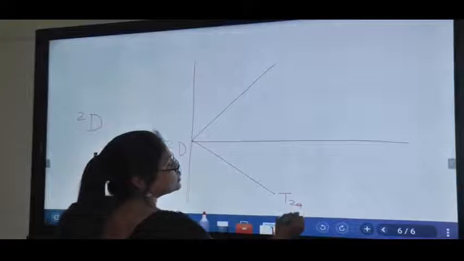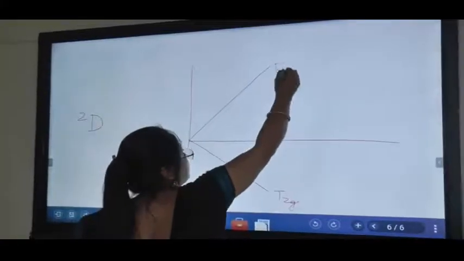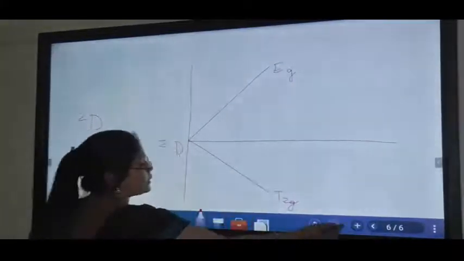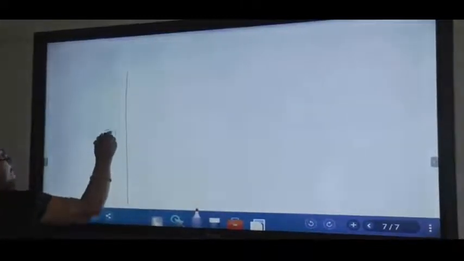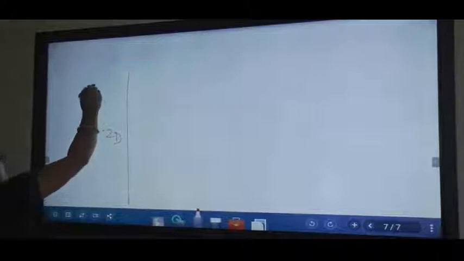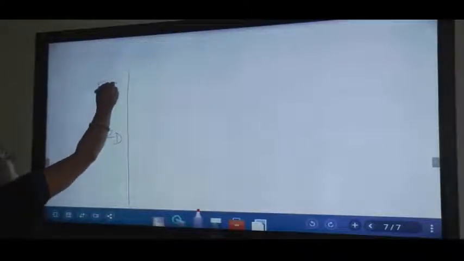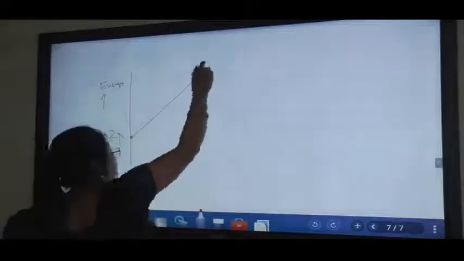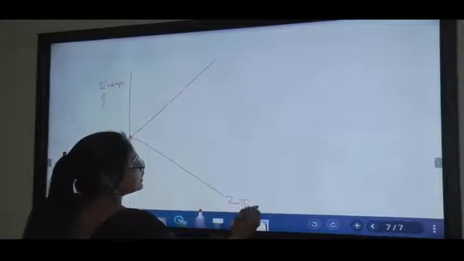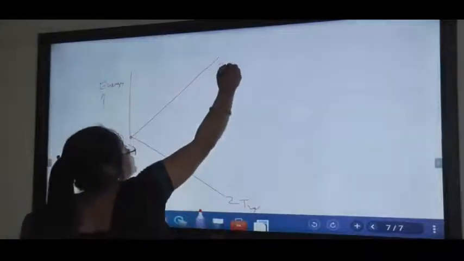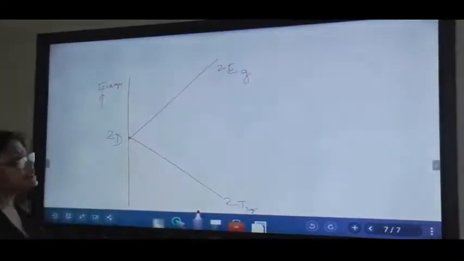This will be T2Z, this will be EZ. Or in a better way, we can represent it as this is the term 2D. Here the energy of the terms is taken, and this 2D will split into two levels, T2Z and 2EZ.